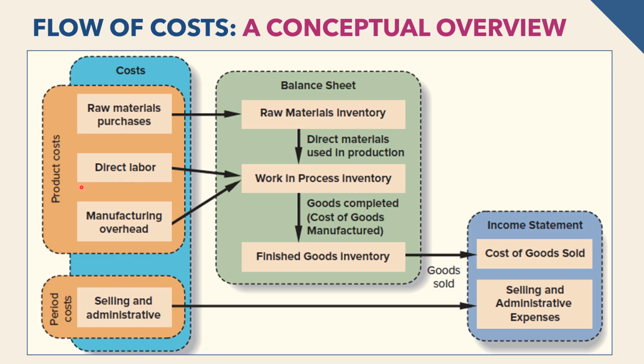When the production process starts, direct labor and manufacturing overhead costs will be incurred. These two costs will go to work in process inventory under the balance sheet. Once the goods are completed, the cost of goods manufactured will be transferred to finished goods inventory. When the goods are sold, the cost of goods sold will go to the income statement.